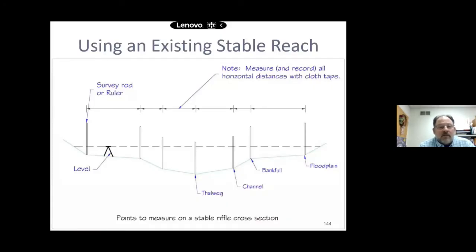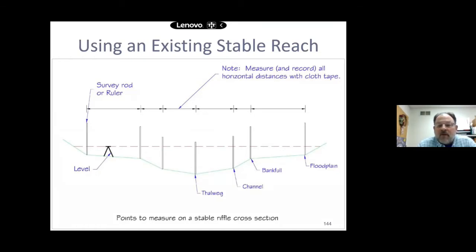So using an existing stable reach, we can either set up a level, or we can stretch a tape. We just need to get some measurements to actually show where the thalweg is in the channel, which is the deepest part of the channel. Maybe we can depict while we're out there surveying where we feel bank full flow may be.